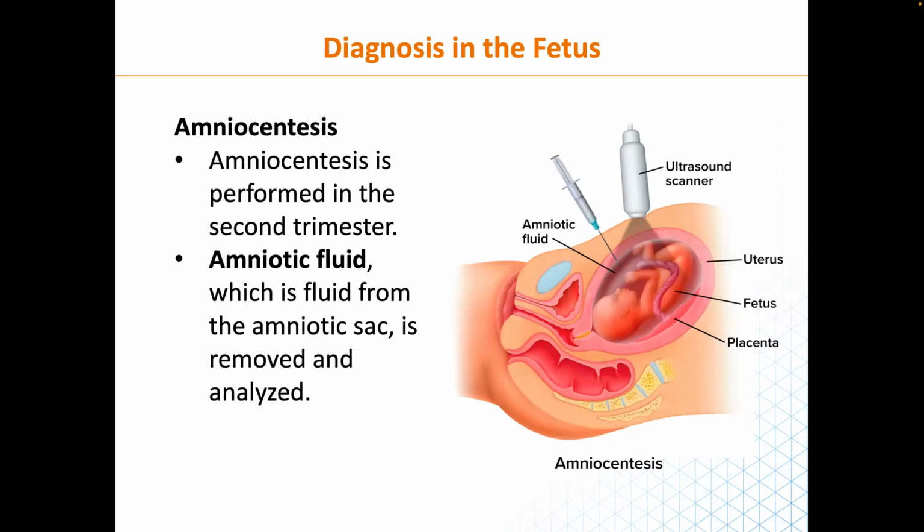The amniotic fluid, which is a fluid from the amniotic sac, is taken out and analyzed. So this is the uterus here, and we've got a fetus here, and this is the placenta. You can see how the placenta got stuck to the wall of the uterus, and how it's connected to the umbilical cord that goes to the navel of the baby.